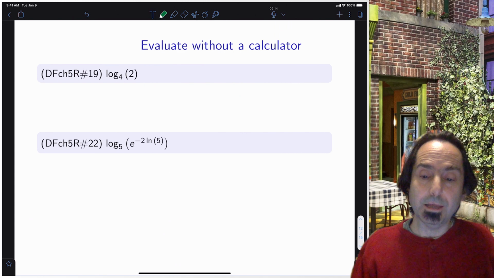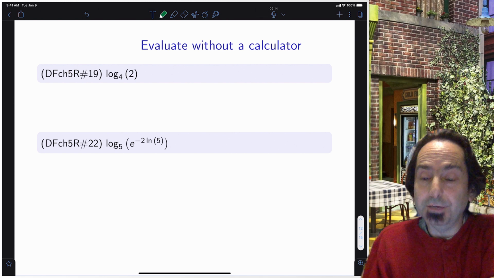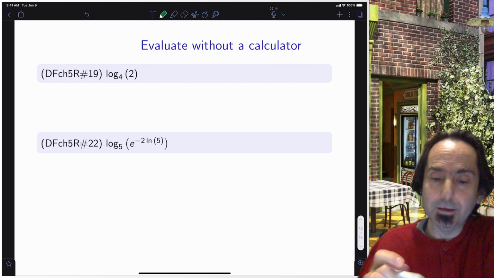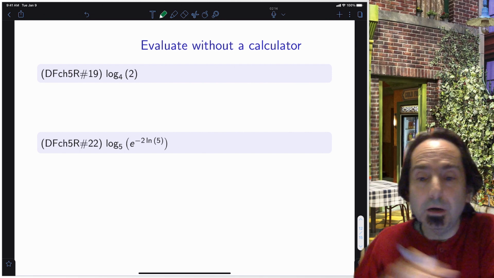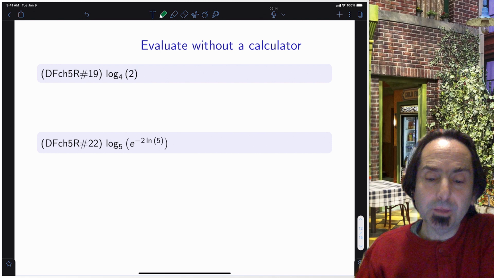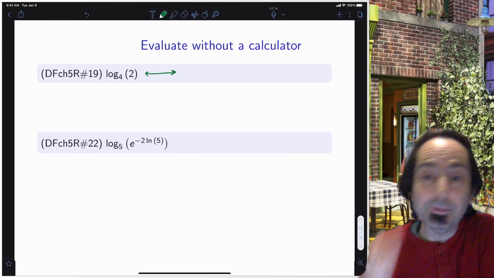And next one. Okay, evaluate without a calculator. These ones you don't need a calculator. The first one's hard, the second one's harder. So let's start with the first one. What I want to mention is that the logarithm is really the exponent function.